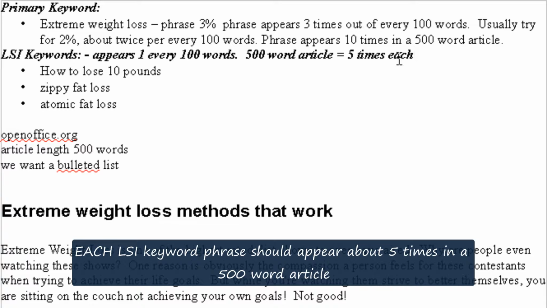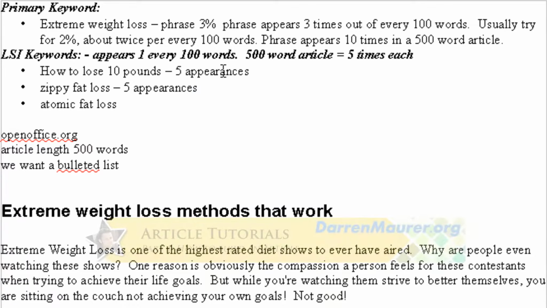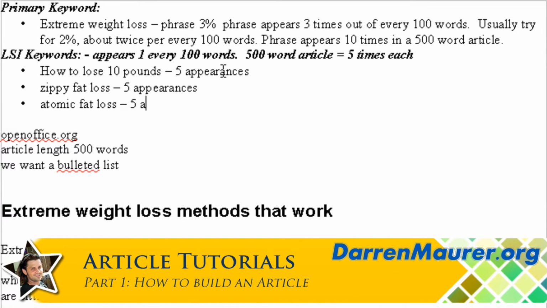Meaning that these LSI keywords, there would be 15 of them, 5 appearances, 5 appearances, 5 appearances. Now this article isn't completely optimized, so I'm not really sure if these appear that often. However, that is the goal.